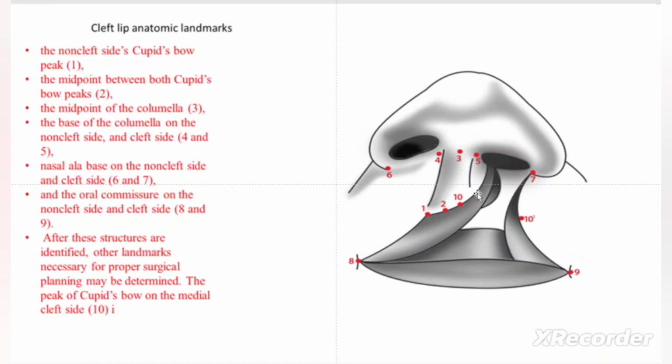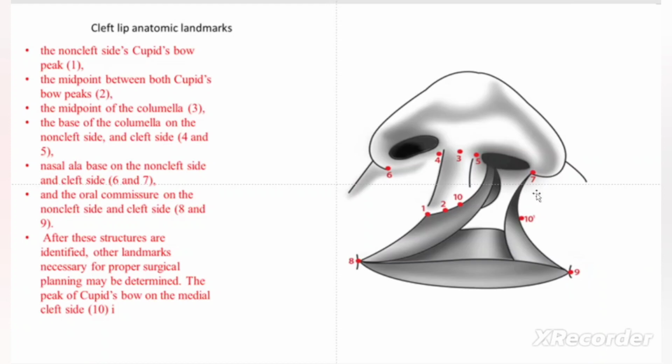After making that incision, based on 3 and 5, we will get another flap like this, called the columella flap. If we pull this flap upwards like this, it will come as a columella. If we push that flap like this, it will give a nice floor for the nasal sill.